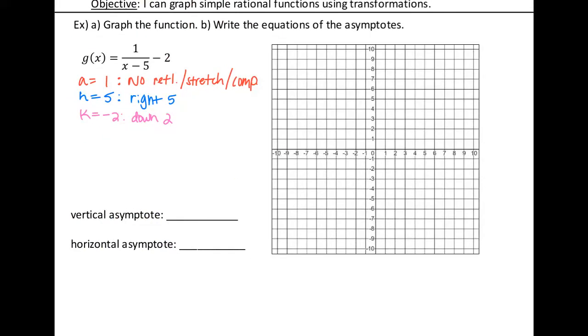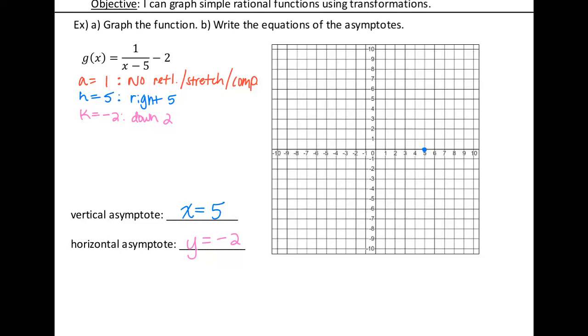All right, my equations for the asymptotes are x equals h. So I got x equals what? 5. And then for the horizontal, y equals k. So it's y equals what? -2. So grab your ruler and you're going to put at x equals 5. So on the x-axis, the value of 5.